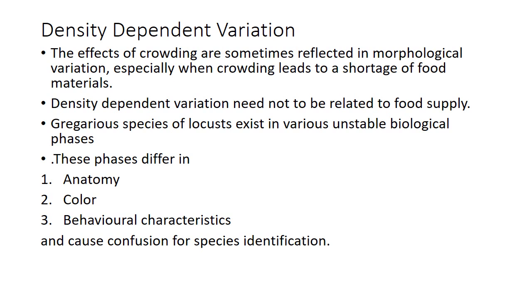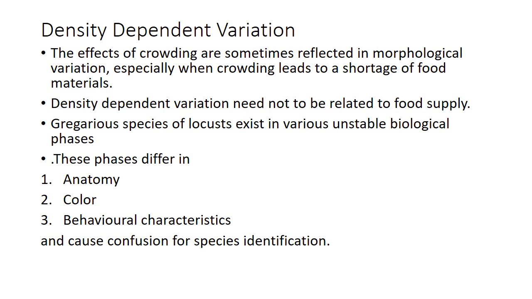Density-dependent variation. The effects of crowding are sometimes reflected in morphological variation, especially when crowding leads to shortage of food materials. However, density-dependent variation need not be related to the food supply only. For example, the gregarious species of locusts exist in various unstable biological phases.